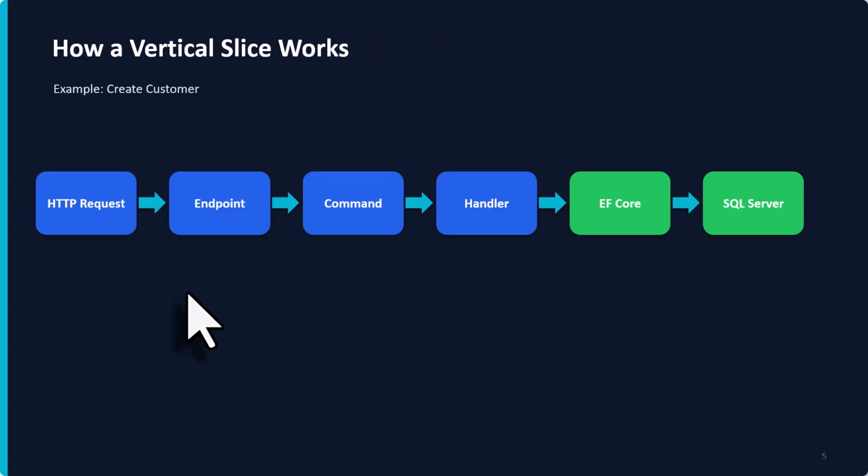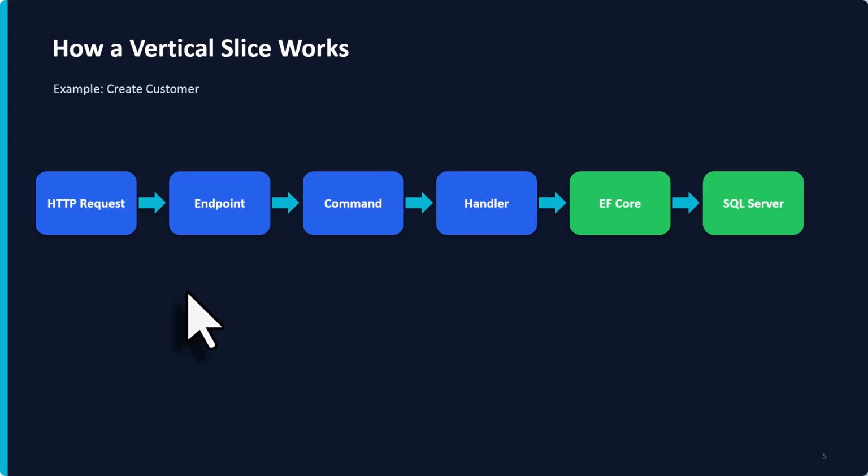And here is how vertical slice works. If we take create customer, the request comes from the user as an HTTP request to the endpoint. In ASP.NET Core API, there are controllers and models in the traditional MVC architecture.